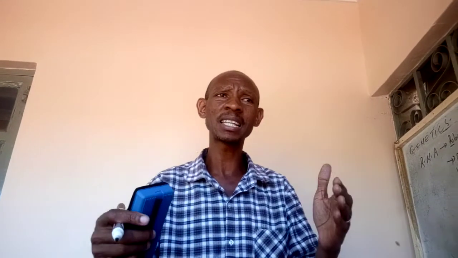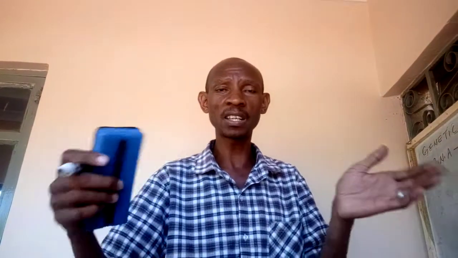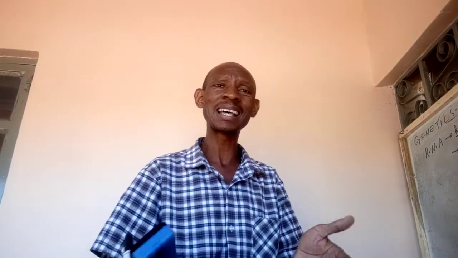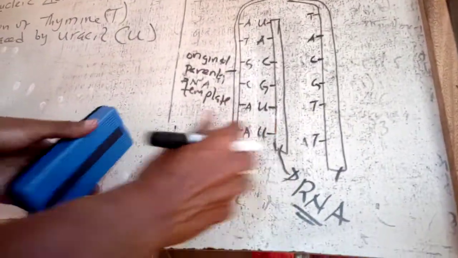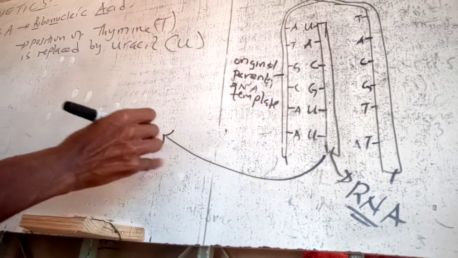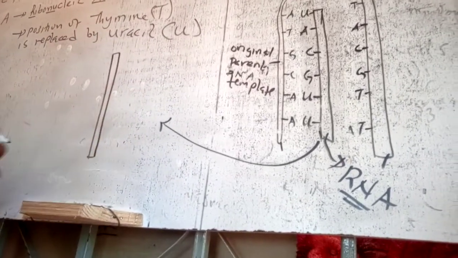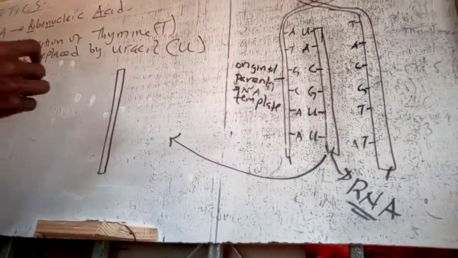And once it gets out from the nucleus and enters the cytoplasm, it is referred to as mRNA, that is, messenger RNA. It becomes free to move within the cytoplasm.